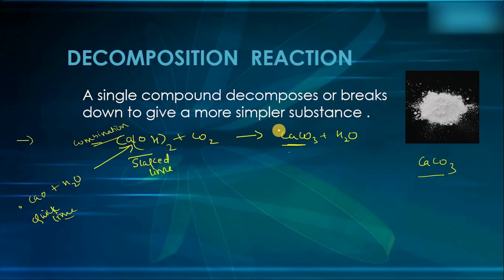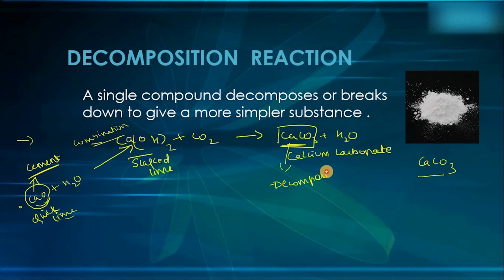Now suppose that I have this CaCO3, that is calcium carbonate, and I want my initial reactant, that is CaO, because this has a wide number of applications. It is used to make cement as well. So this CaO, that is quicklime, has application in cement industry, which is a very large scale industry. So what do I do? This should undergo decomposition reaction in order for me to get CaO.